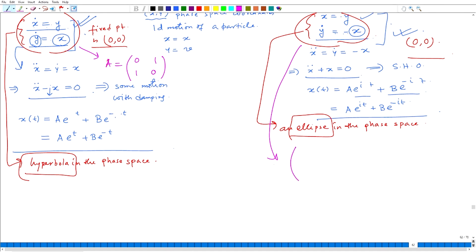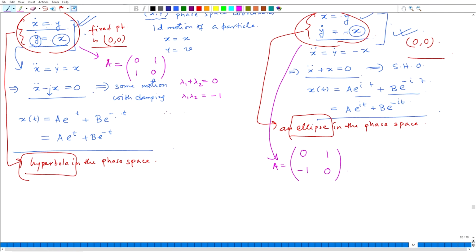That will be 0 1 minus 1 0. So, if lambda 1 and lambda 2 are the two eigenvalues, for this case their sum will be 0 and their product will be 0 minus 1, so that will be minus 1.